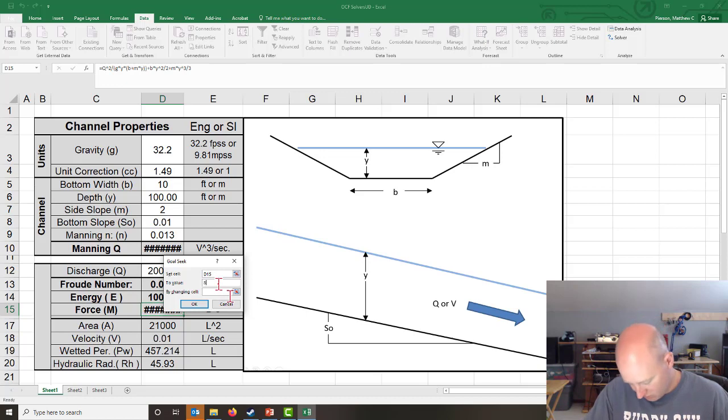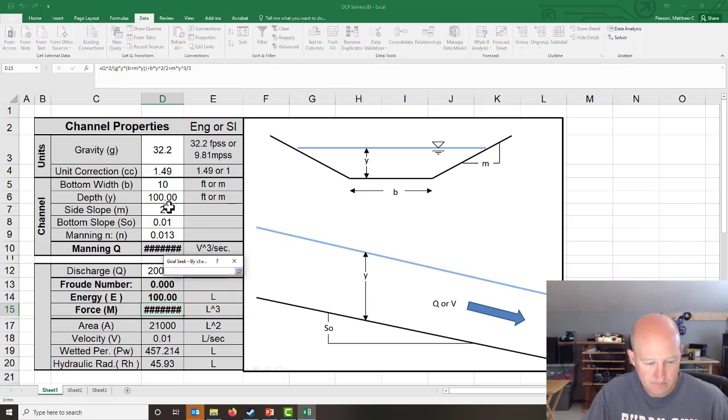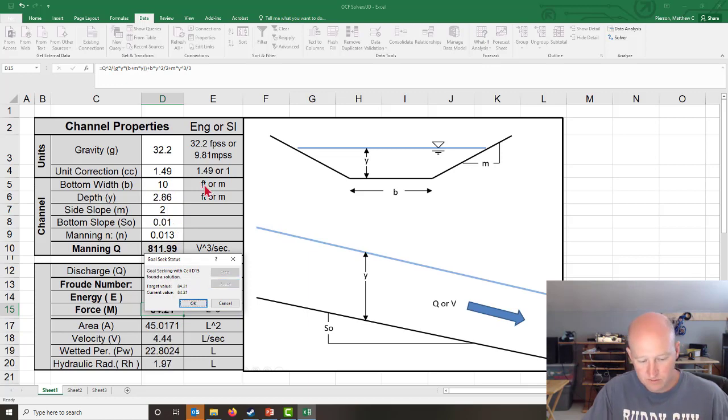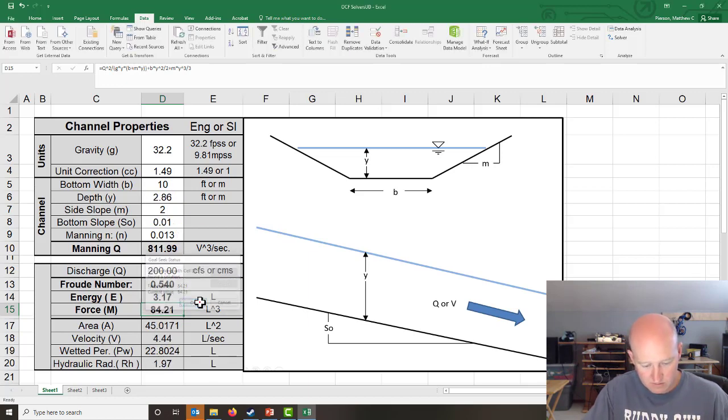We're going to set it to 84.21. So it's just going to guess depths until we get 2.86.